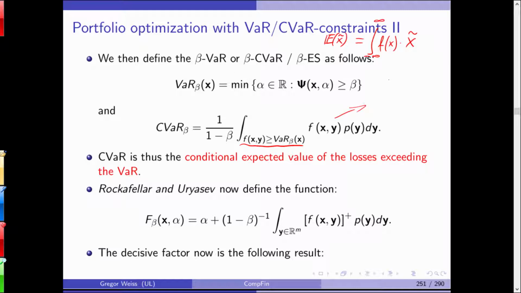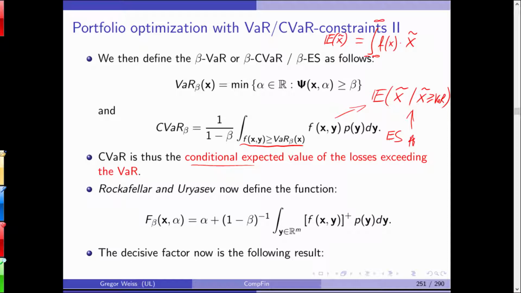This means that this is more or less the expected value of x, conditional on x being larger than the value at risk. So it's a conditional expected value of the losses exceeding the value at risk. And in fact, this is also usually referred to as the expected shortfall, or ES.